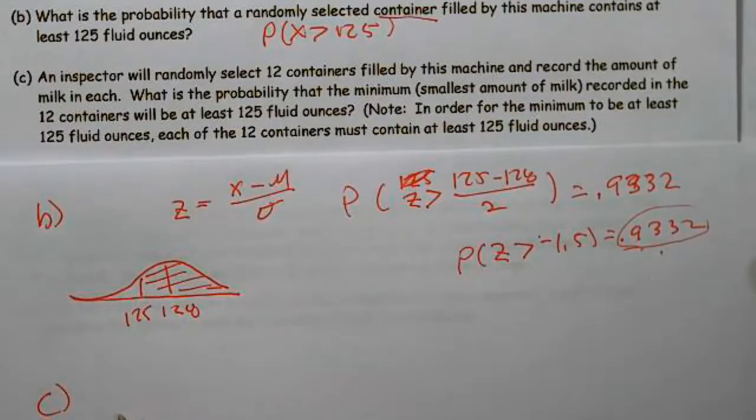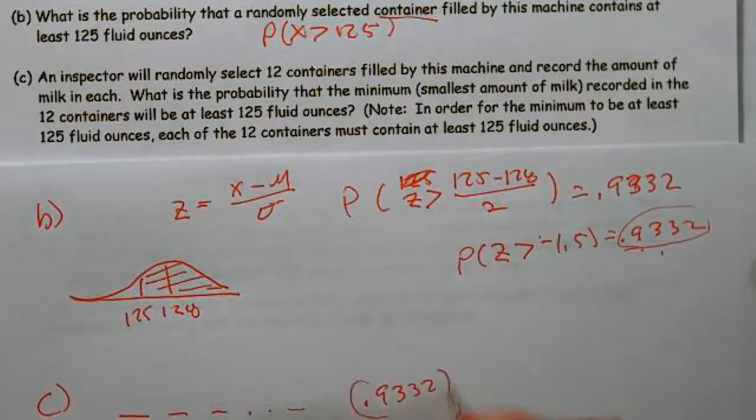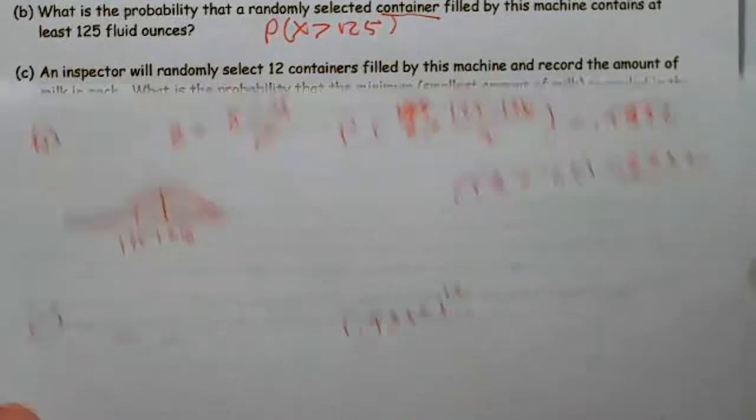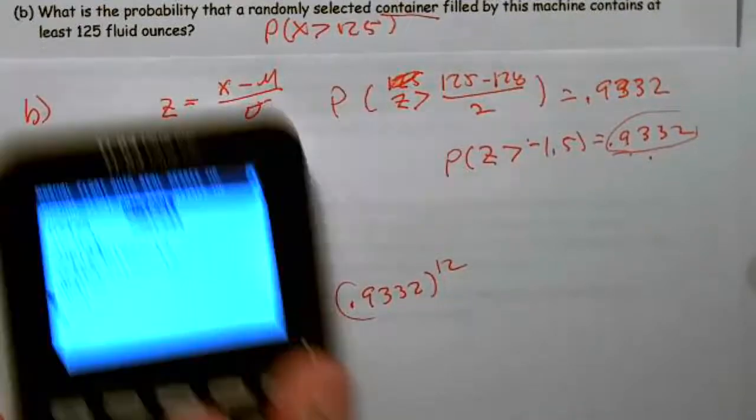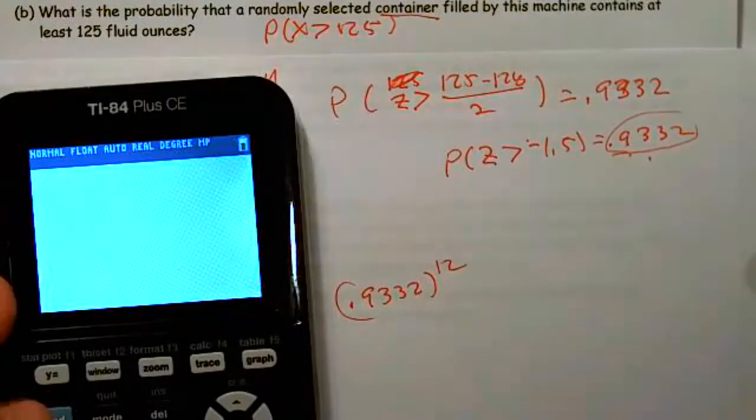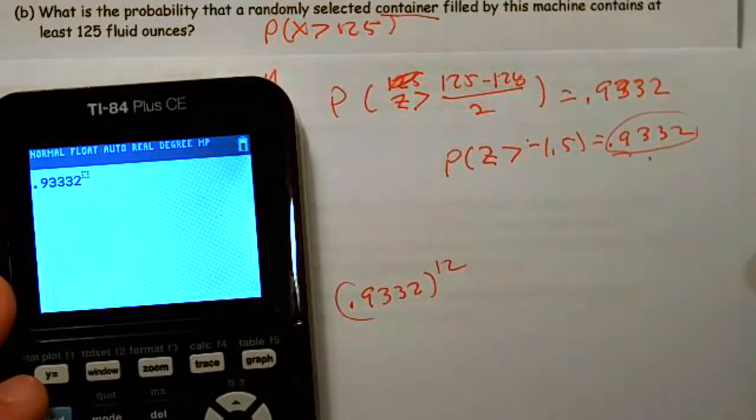All right. So now I need 1, 2, 3, all the way to 12, which tells me 0.9332 to the 12th power. So 0.9332 caret 12.